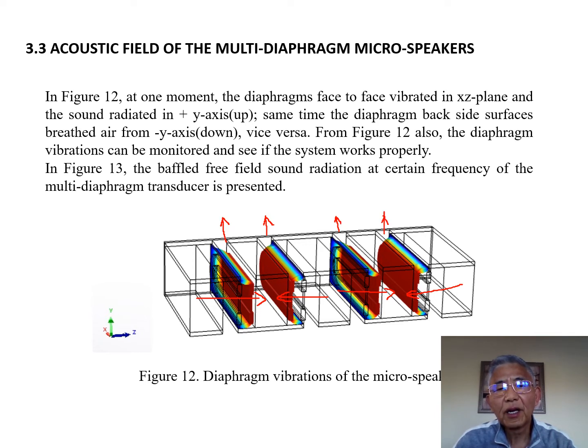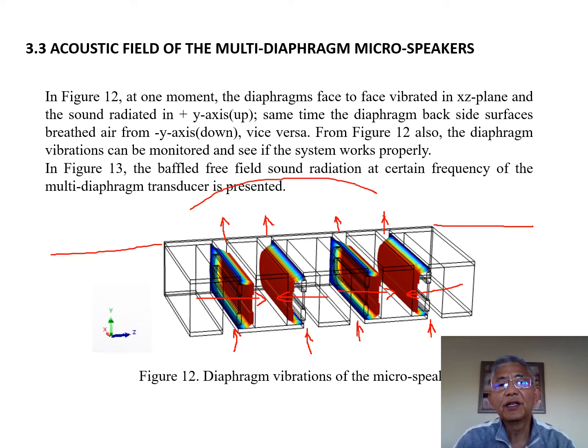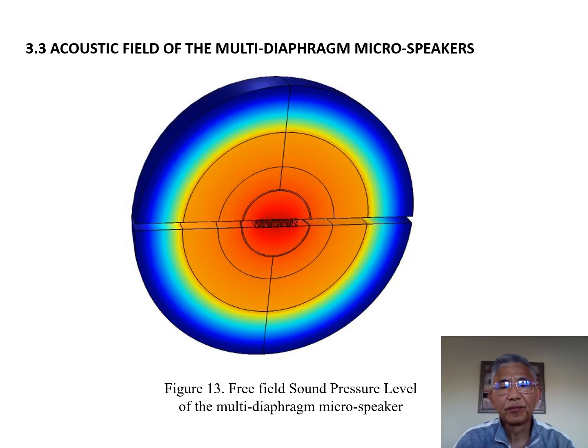And the air sucks in from the back side of the diaphragm. This is the infinite buffer. The sound radiates outside. So we can see the PML works great.